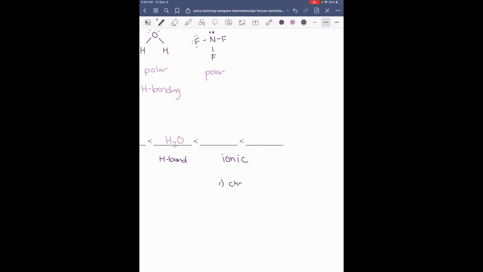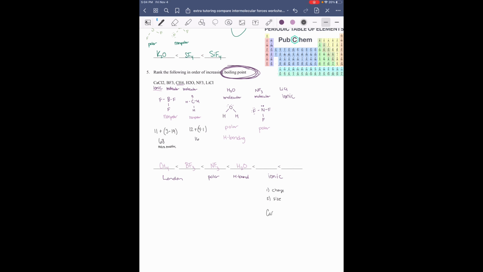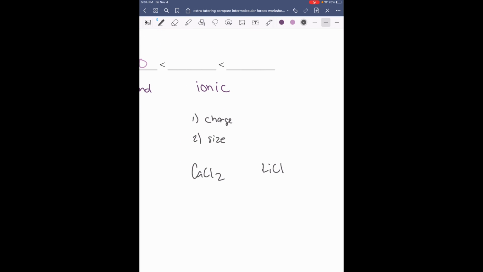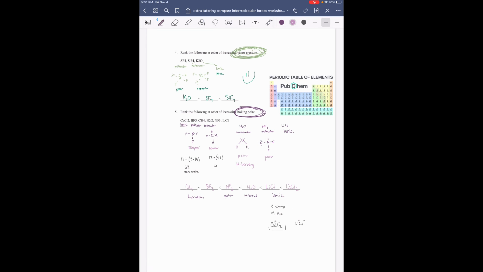Remember charge and then size. Comparing CaCl2 and LiCl, let's do our charges. Ca is +2, Cl is minus, Li is +1, Cl is minus. Larger charge, so stronger. So CaCl2, then LiCl. And then it's going to be our final order.